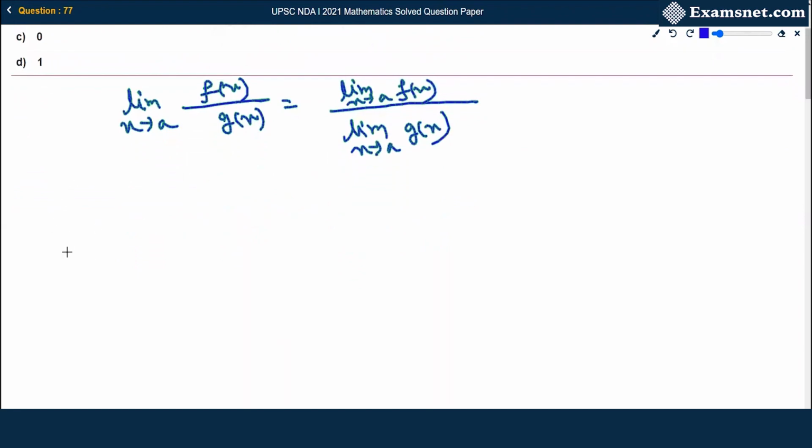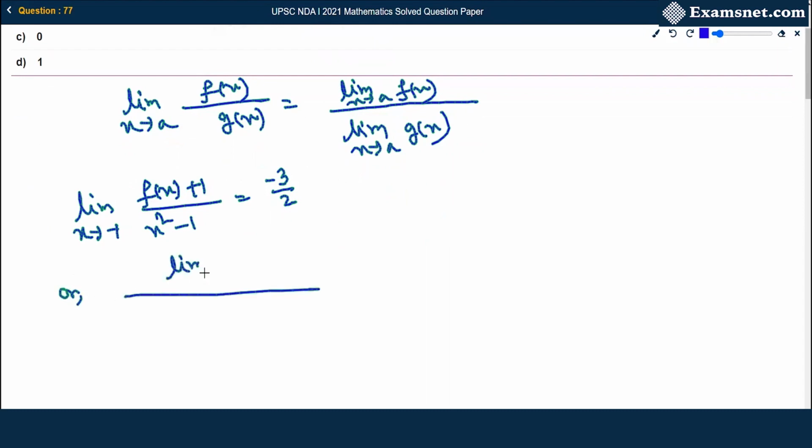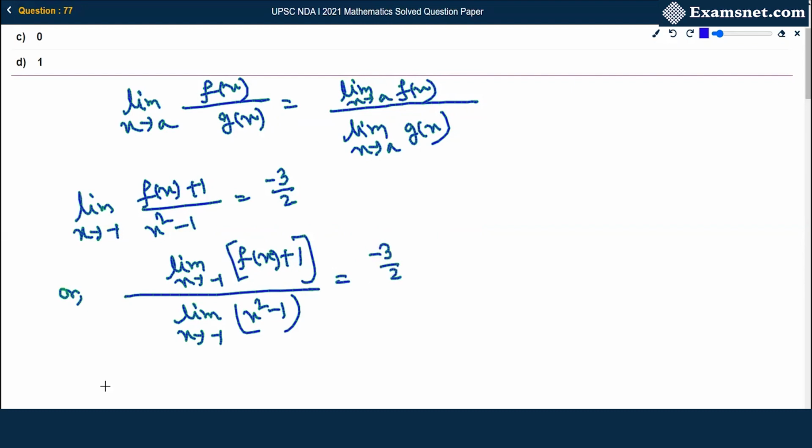So first let me write the given limit: limit as x tends to -1 of (f of x plus 1) by (x square minus 1) equals -3 by 2. So, limit as x tends to -1 of (f of x plus 1) divided by limit as x tends to -1 of (x square minus 1) equals -3 by 2.